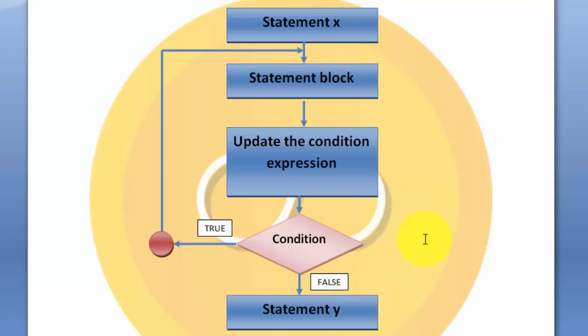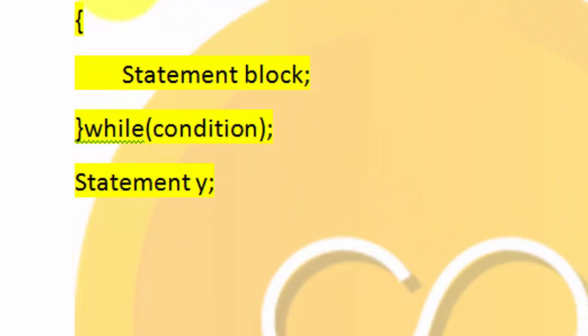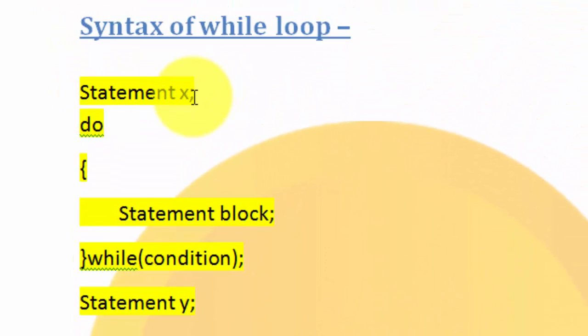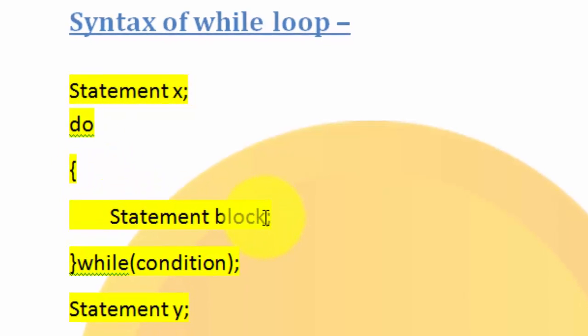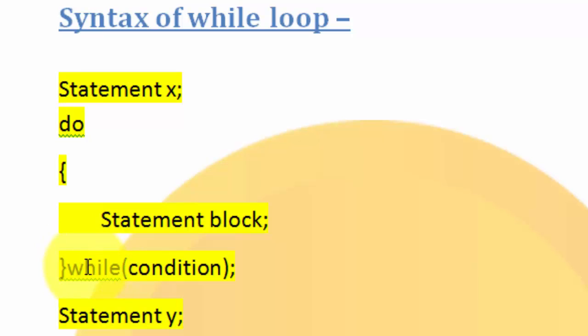So let's check our syntax, which is based on this structure. We have a statement x. In do we have the statement block. And here in the while we have a condition. This condition is checked with respect to the statement x.